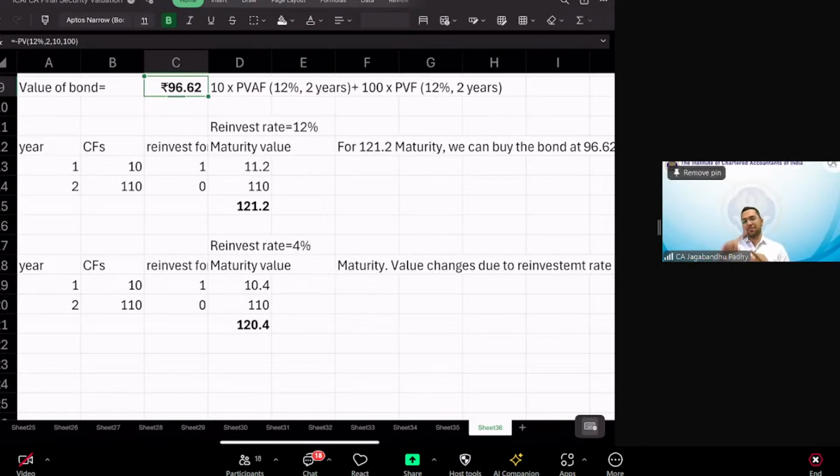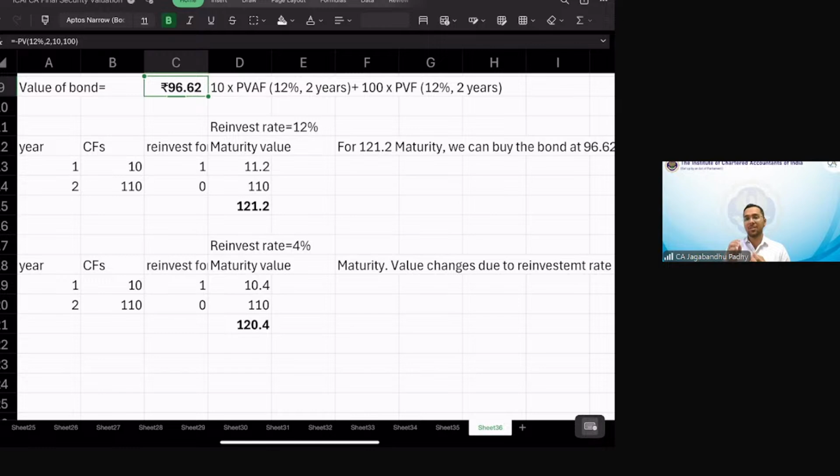Why can't we invest in a 4-year bond? Because the price at which I will be selling the bond in the second year is subject to the yield that is ongoing in the market. So because of that, it's a bit difficult for us to match our maturity amount.